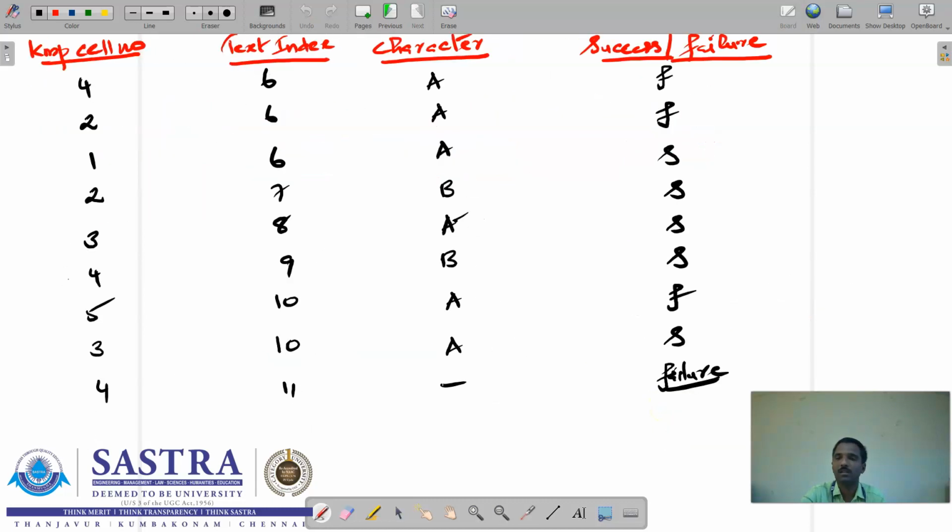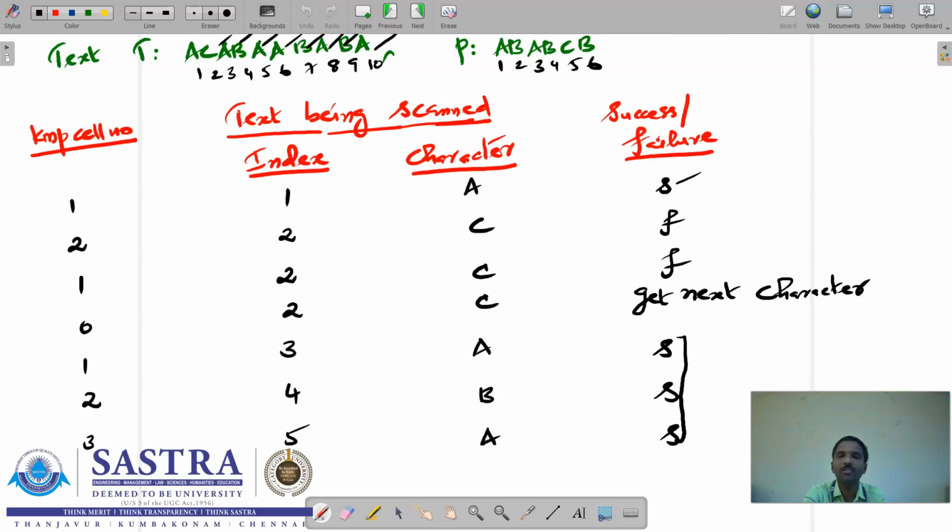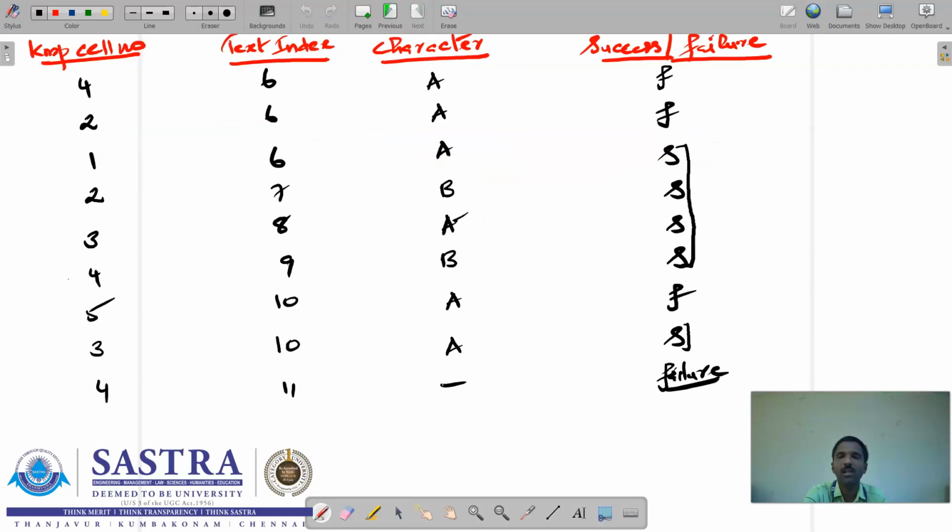Then next, we have got failure. Then here, yes, 4 successes. Then only 1 success. We have not obtained the complete 6 successes. So clearly the final result is failure.